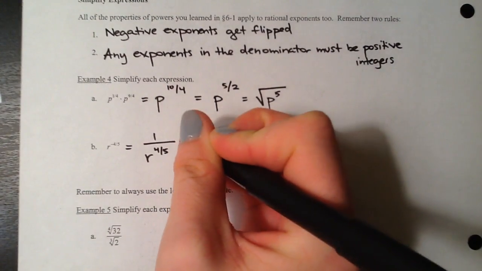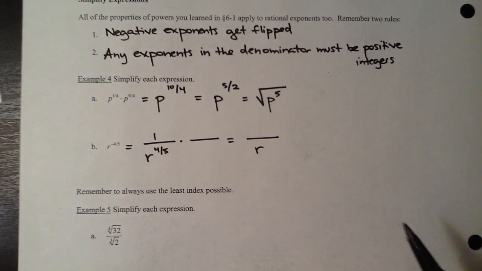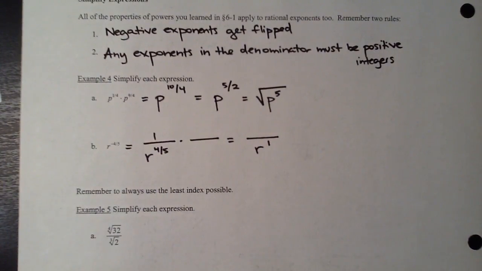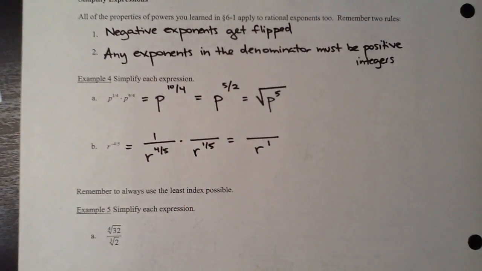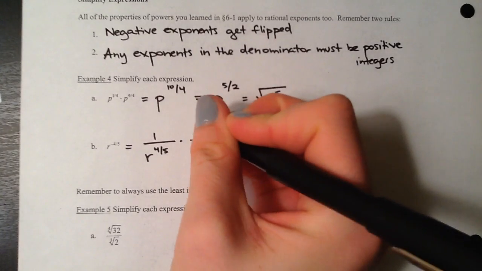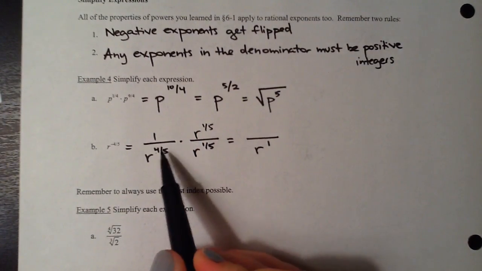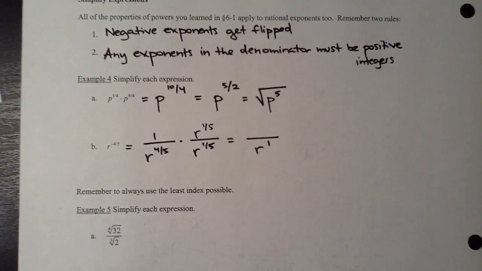So I have to figure out what I have to multiply by here. So here I have 4/5 power. The only power that's missing to get 1, 4/5, I need one more fifth in order to have a power of 1. So that's kind of what's missing in order to give me a perfect integer. And of course, I have to multiply by the same thing in the numerator. So when I multiply these together, I add the exponents. 4/5 and 1/5 is 5/5, which of course is 1.